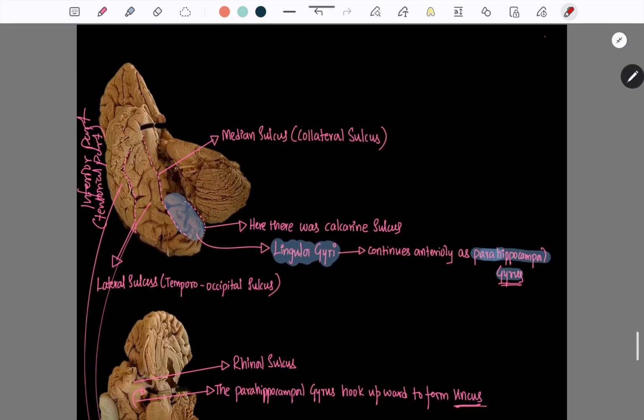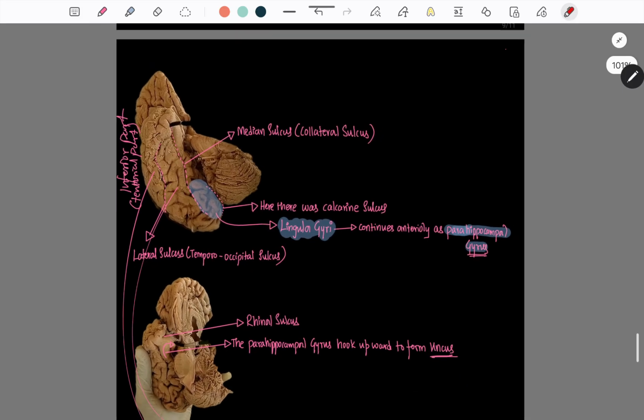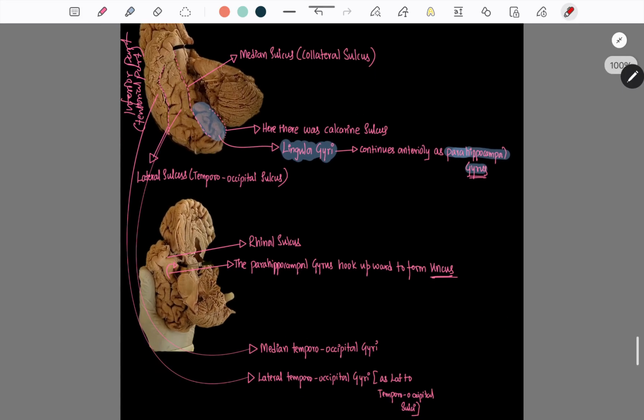So here, between the median or collateral sulcus and the lateral or temporo-occipital sulcus, there is a gyrus, the medial temporo-occipital gyrus, because it is on the medial side.